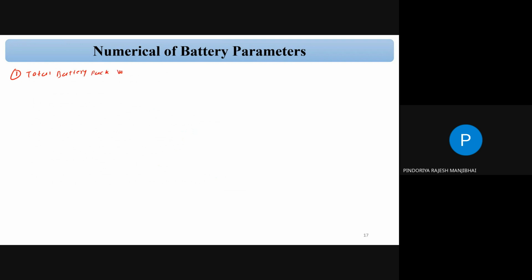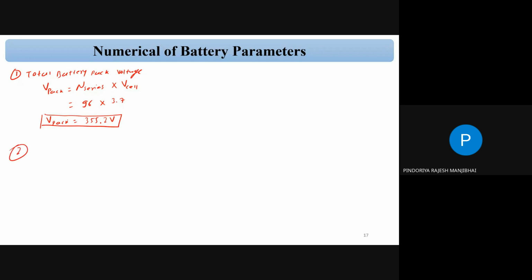So we have to calculate the total battery peak voltage, V battery, otherwise V peak, equal to, V peak is equal to how much? 355.2 volt as per my calculation. Correct. So this is the total battery peak voltage.